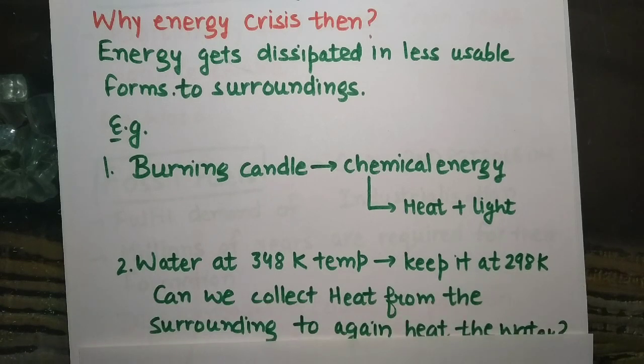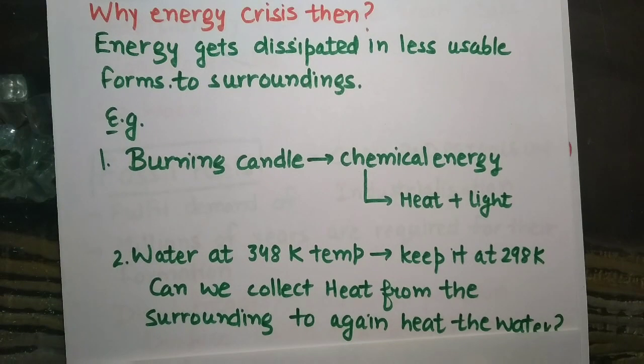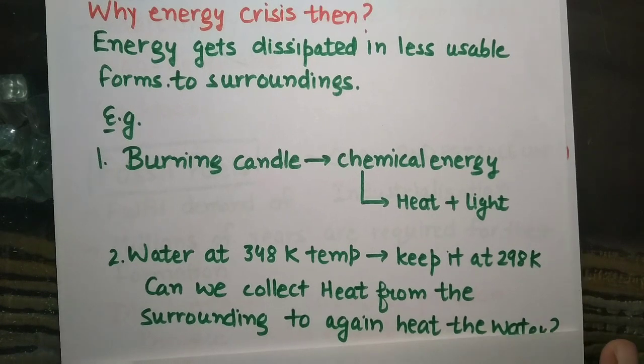Can we collect heat from the surroundings to again heat the water? That becomes a problem. So we can say that it becomes difficult or impossible for us to collect the heat that is dissipated to the surroundings to again heat the water. So energy crisis occurs because energy gets dissipated in less usable forms to surroundings.